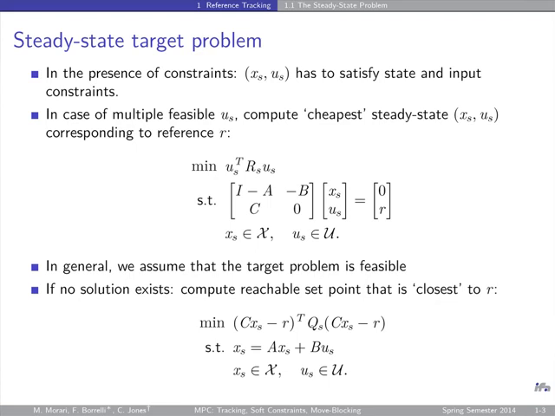So if m is greater than p, meaning if you have more degrees of freedom, more inputs u, than you have requirements, set points r, okay, if that is true, then there are many u's that do the job, and then you can set yourself an objective as indicated here.